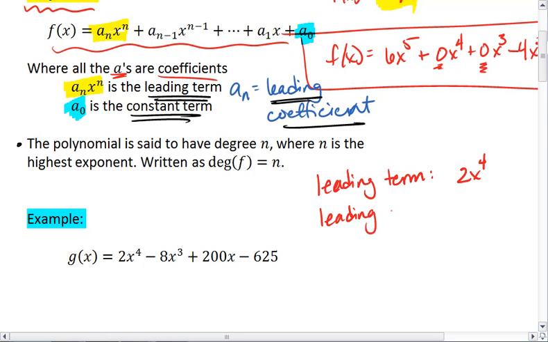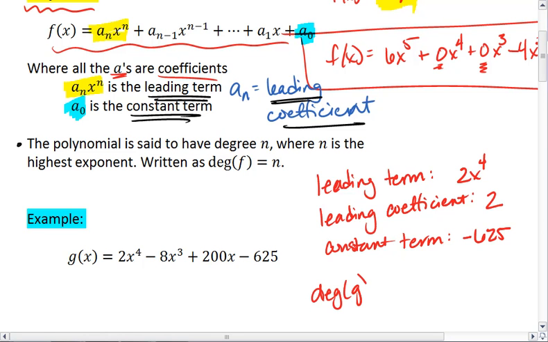The leading coefficient is 2. The constant term is negative 625. And the degree of function g is 4, because our highest exponent is a 4th power.